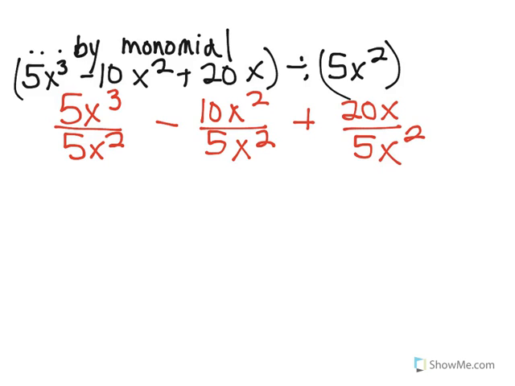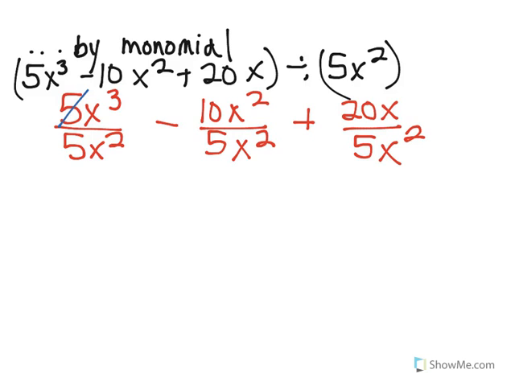And I can do that because each of those terms of the polynomial has to be divided through by the monomial 5x squared. So now I have 3 terms. They're all rational expressions that we've already learned how to simplify.